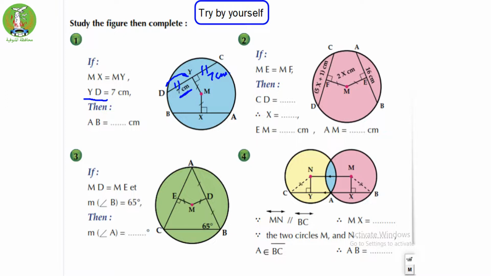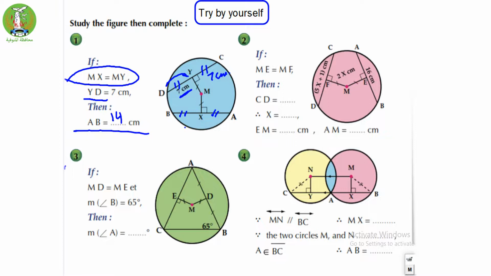Since MX is perpendicular to AB, then X is the midpoint of AB, then AX equals BX. Since MX equals MY, by the converse of the theorem, if the distances are equal, then the chords are equal. Then AB equals 14 centimeter, not 7, because CD equals 7 plus 7, which equals 14, so AB equals 14 centimeter.